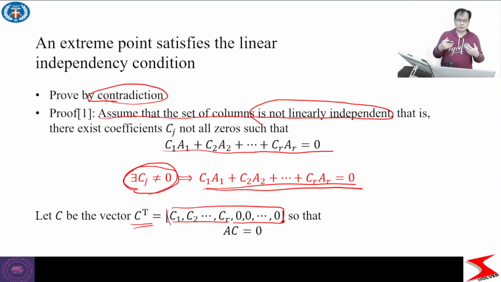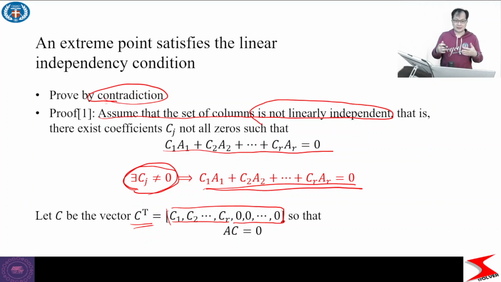Okay, maybe you will ask why we need to assume that c1 to cr are not equal to 0 and the others are 0. Okay, this is just one case because we need to do the proof. You might assume other vectors, but it will be very difficult. This way is the simple way to do the proof.